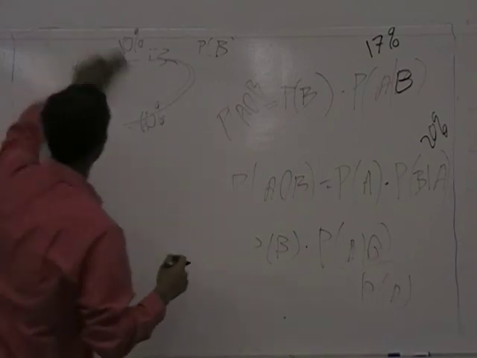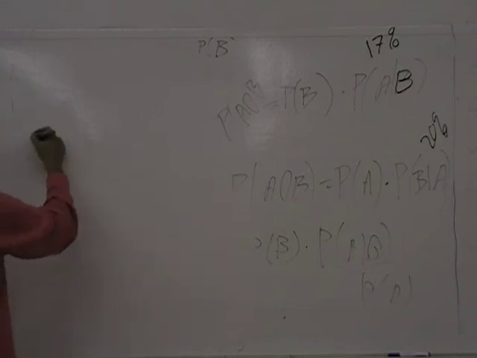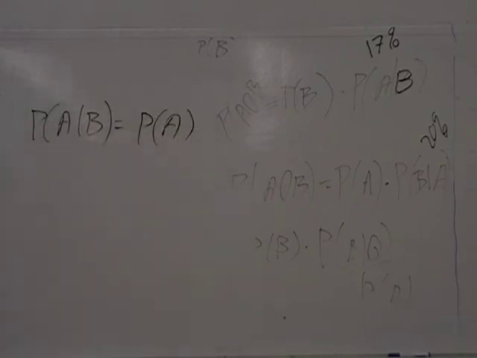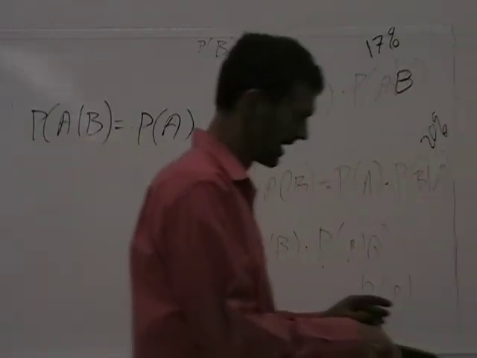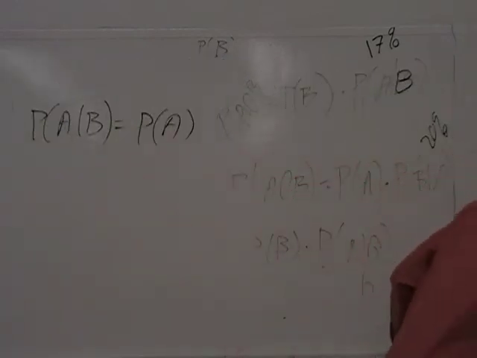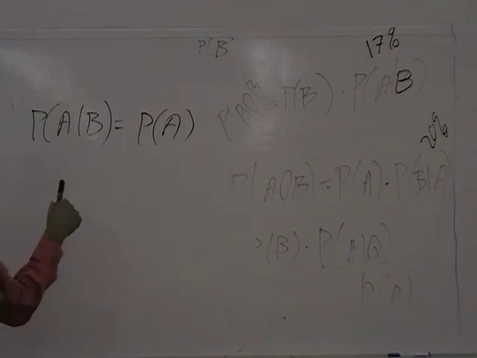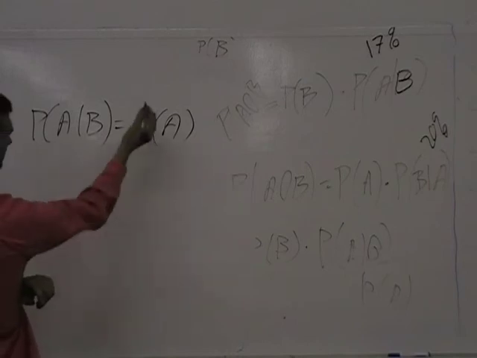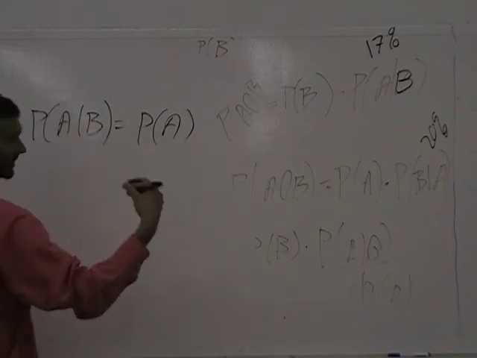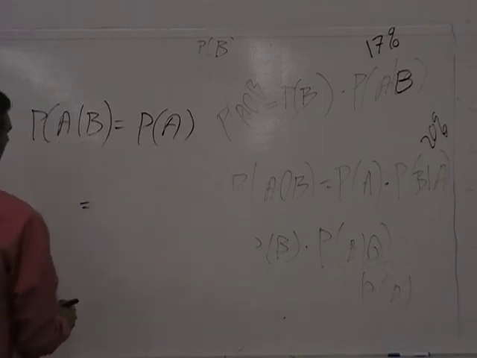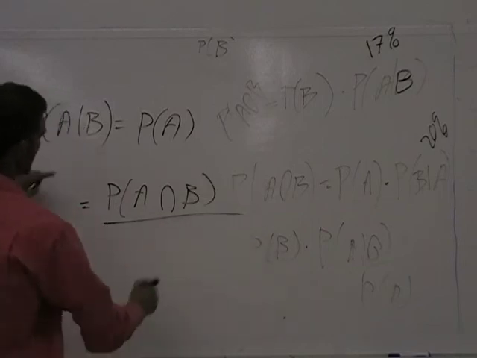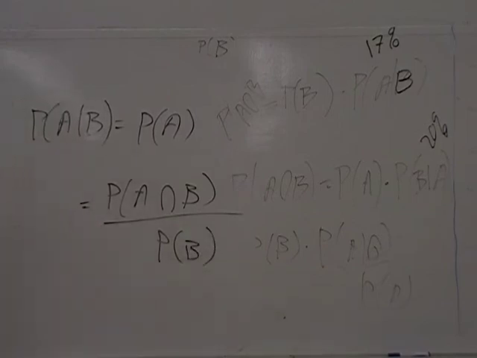Let's assume probability of A given B equals the probability of A. Also, it's true that probability of A given B is the probability of A intersect B divided by probability of B. This is always true.